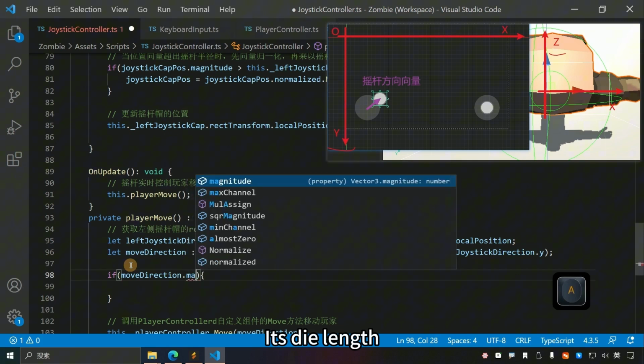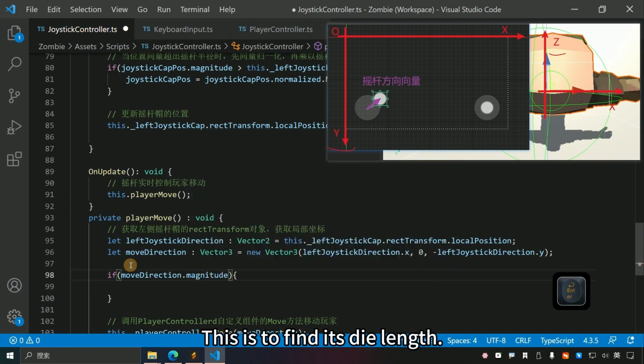This is to find its length, the magnitude.